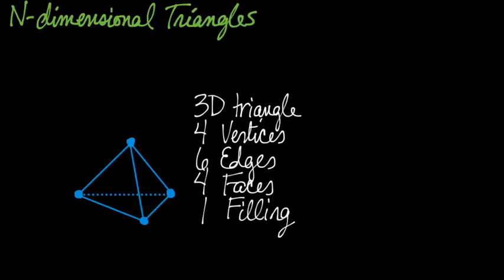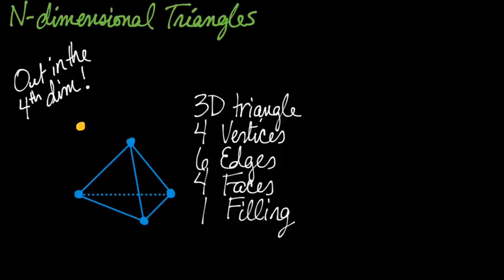Okay, so now let's try to think about what a 4D triangle is. I've drawn a tetrahedron, but I didn't color in any of the faces for clarity. But we should pretend that this is a proper tetrahedron. We're going to add a brand new vertex. Now, because I'm a 3D creature, I had to just draw this on the slides like everything else. But that vertex is supposed to be out in the 4th dimension somewhere. We have to adventure out into the new dimension to draw the dot.